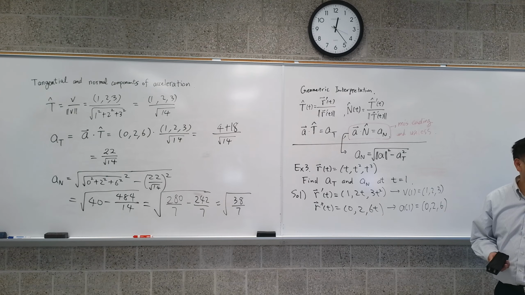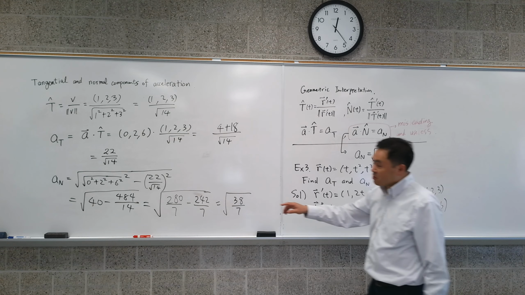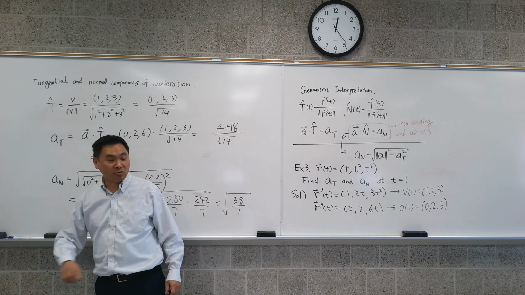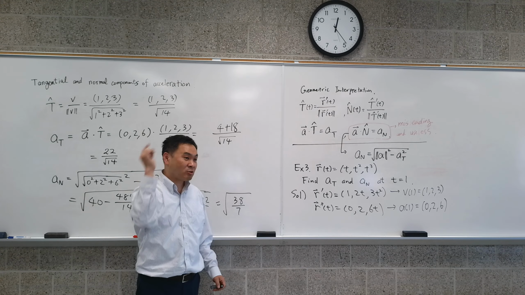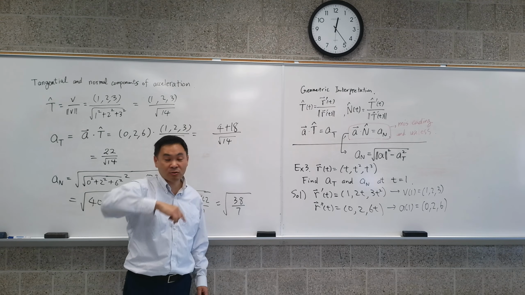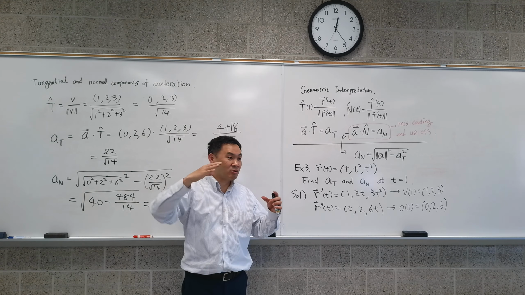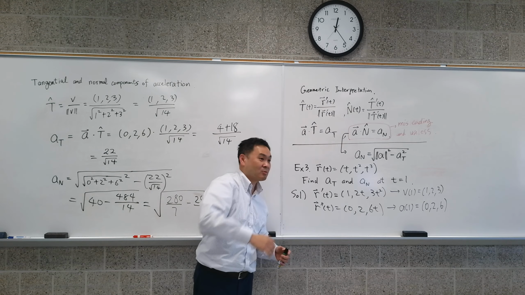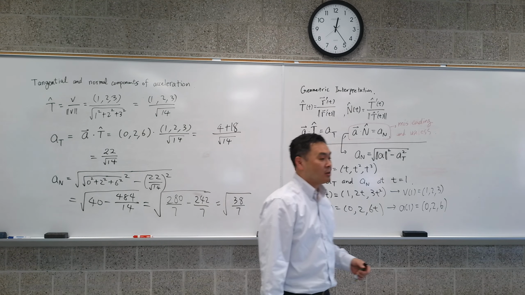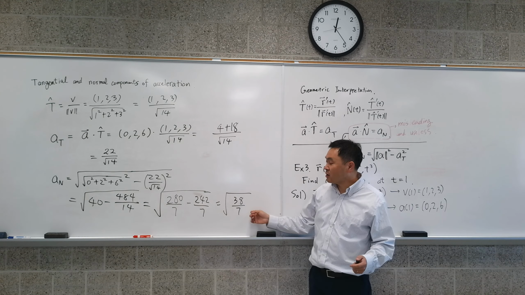Yes? How can you tell if it's turning? Because the normal component of acceleration, what's the normal direction? It's the changing direction of the tangential vector, right? And if you have a big value there, that means a big component of acceleration is being used to turn things. Thank you for the question. I forgot to say another thing.